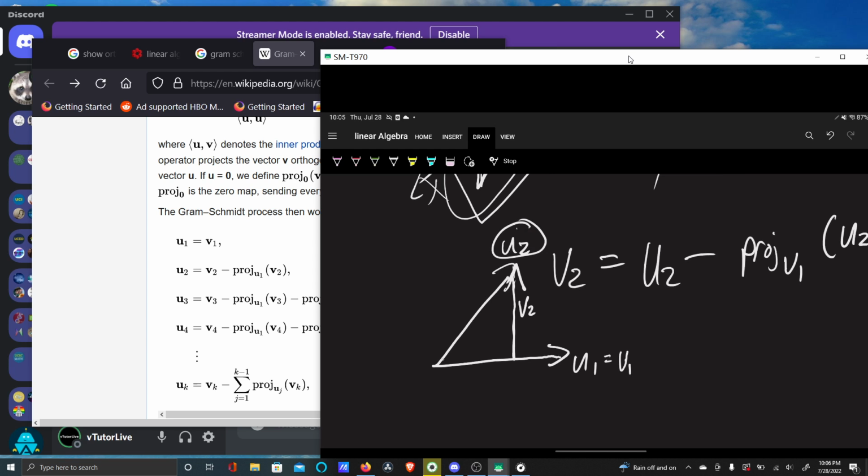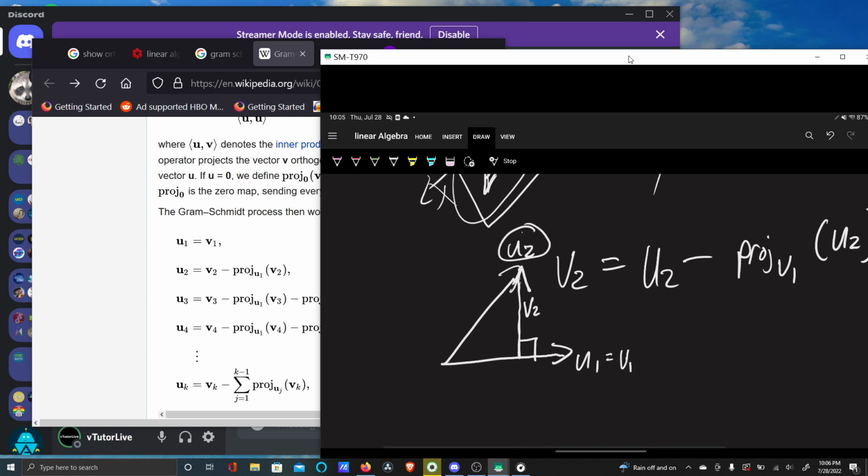And the way to do this, you can see just by vector addition and subtraction, the critical thing to find is whatever this is, and this is precisely the projection of U2 onto V1 or U1, because those are basically the same thing.